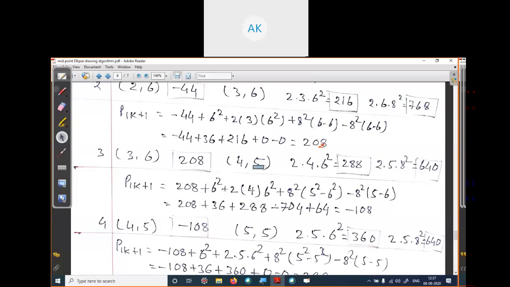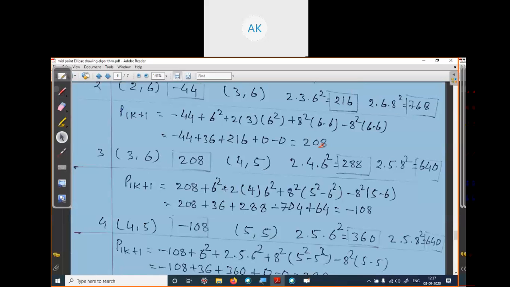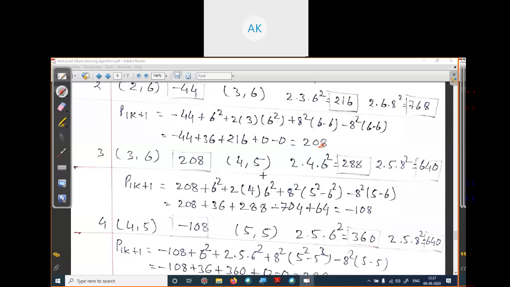Yk plus 1 means 5, and yk plus 1 now it is 5 square minus yk square, which is 6. 5 square minus 6 square, minus rx square into yk plus 1, which is 5, and yk, which is 6. Again calculate, you will get minus 108.